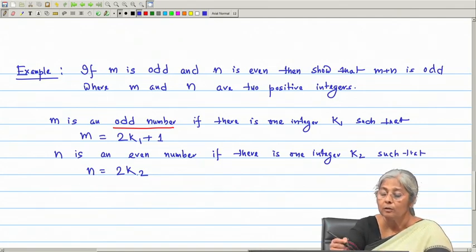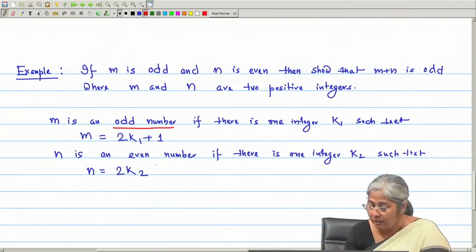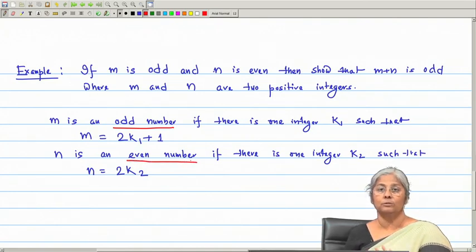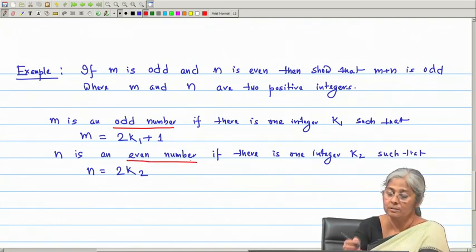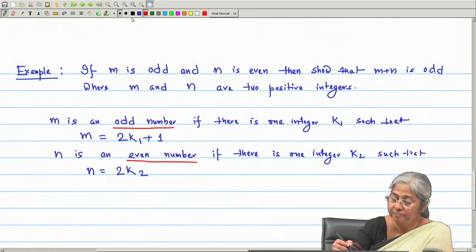So, these are the two definitions, our previous knowledge, that we need to prove this statement or this theorem.